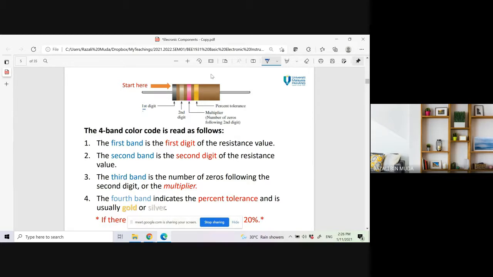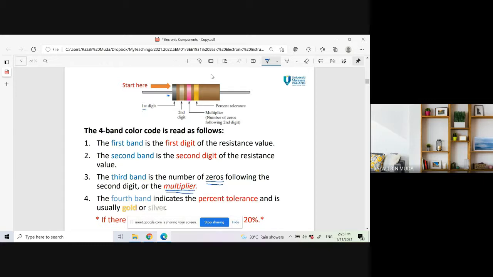The second band is the second digit. The third band is the number of zeros following the second digit, also known as the multiplier.